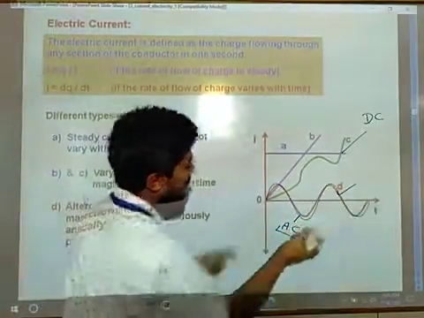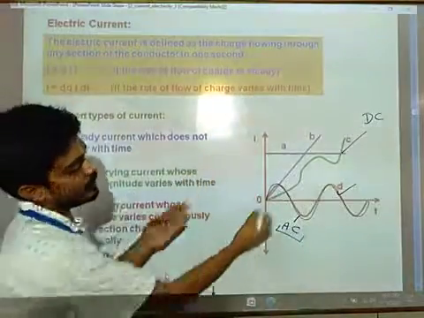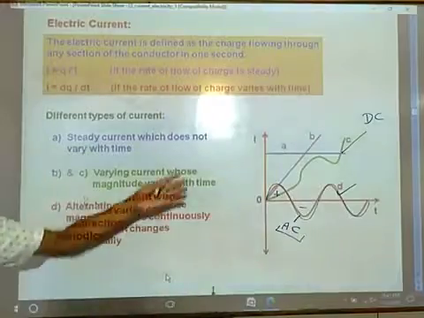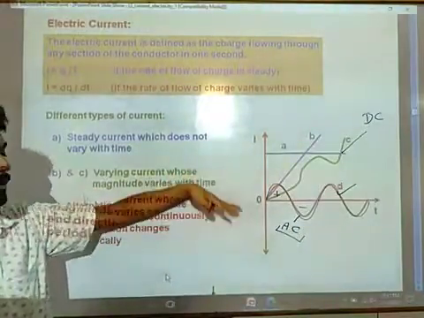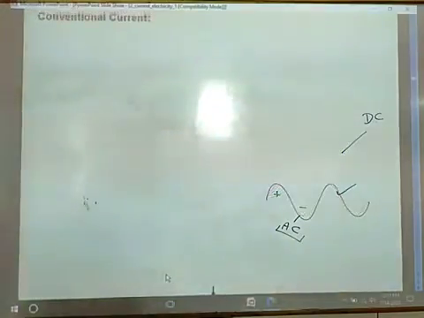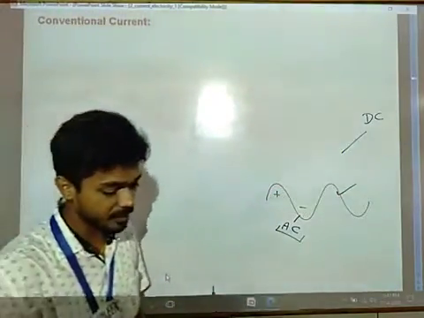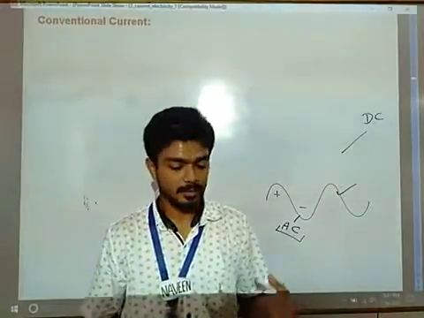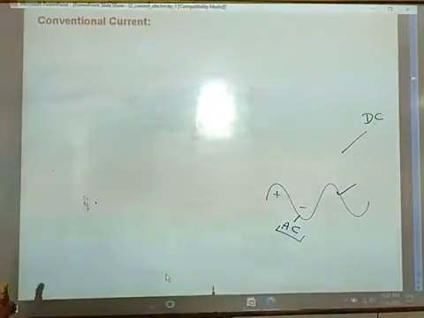It goes positive in the first half and negative in the second half. It changes its polarity with respect to time. We call this type of current alternating current. Students, these things are very basic, our building blocks. With these, we will discuss our next topics in detail.